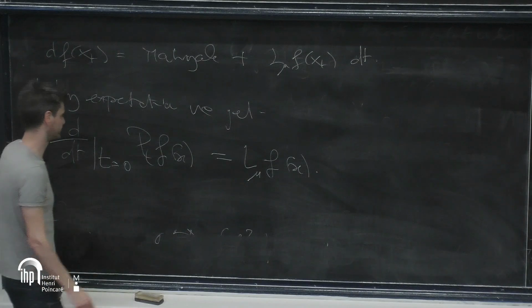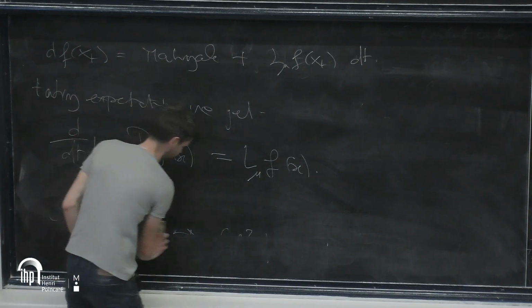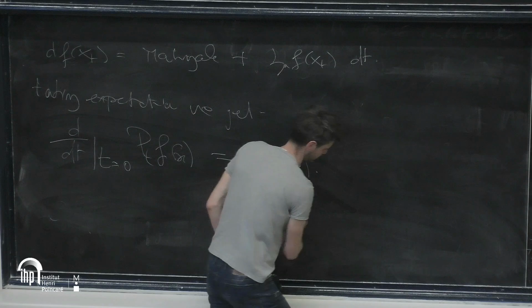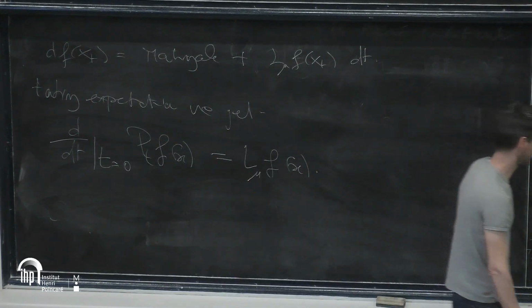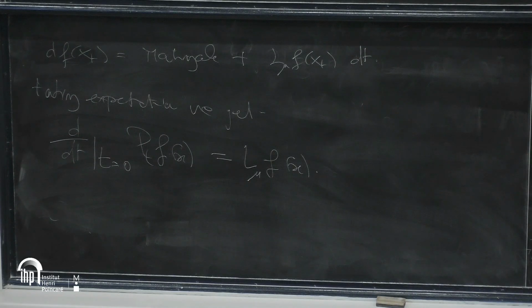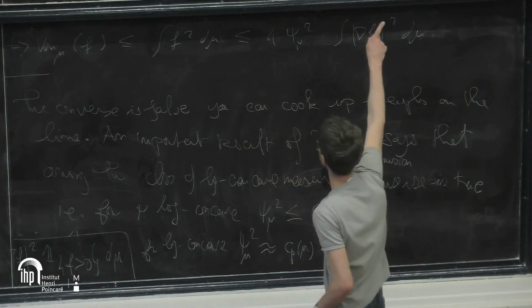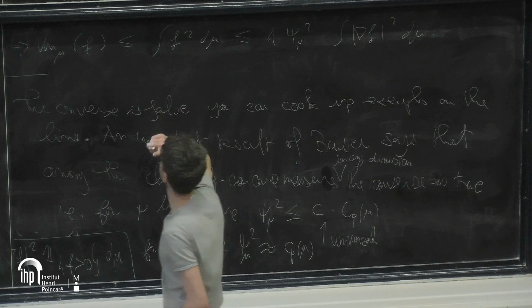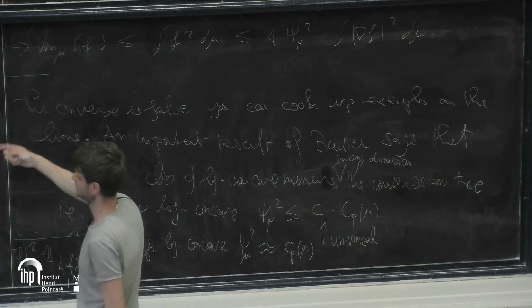Okay, so this somehow shows that the semigroup associated to this diffusion here is the same as the semigroup e to the tL mu.